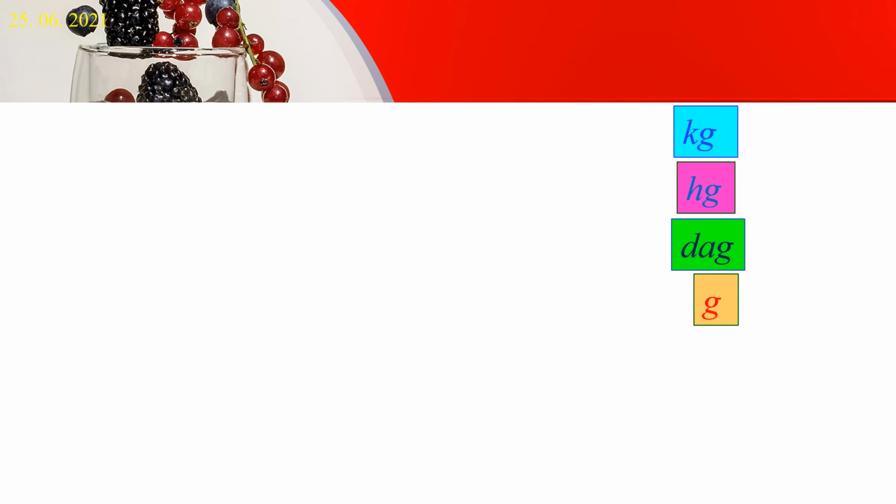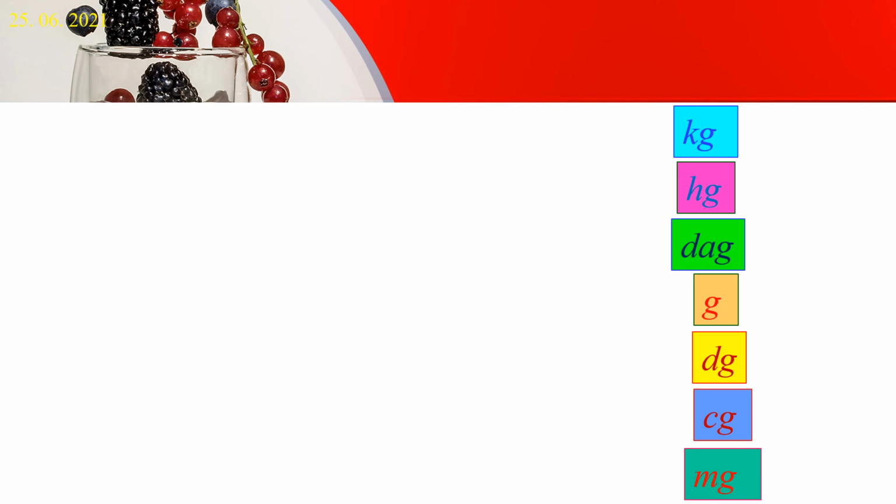But they asked us to convert kg to g, which means they asked the answer in gram. Therefore, we have to convert kilogram to gram. For that, let us see the arrangement of units first. Kilogram, which is kg, hectogram, which is hg, decagram, which is dag, gram, decigram, centigram, milligram.